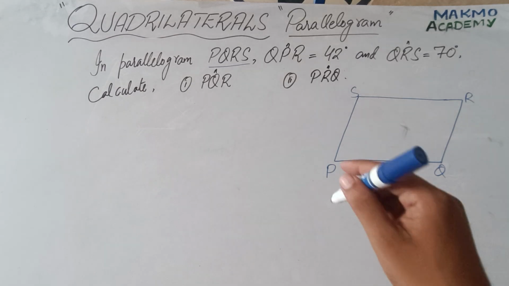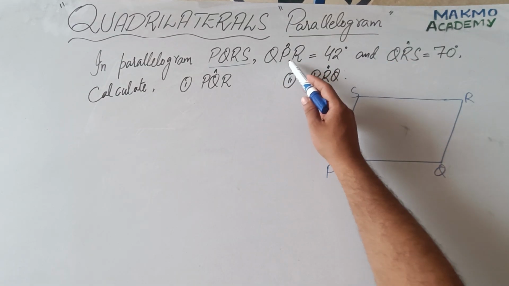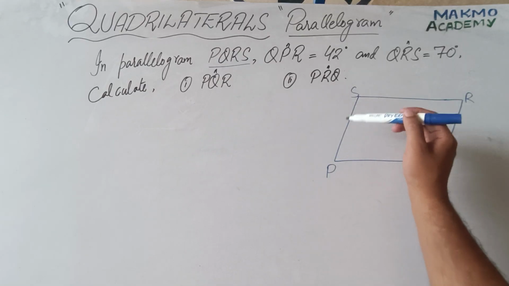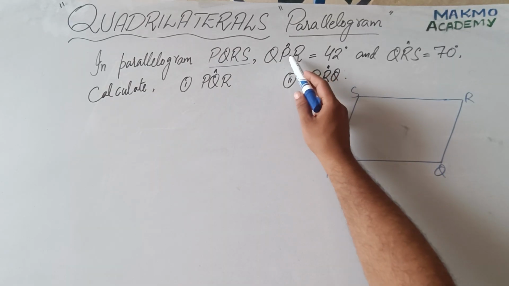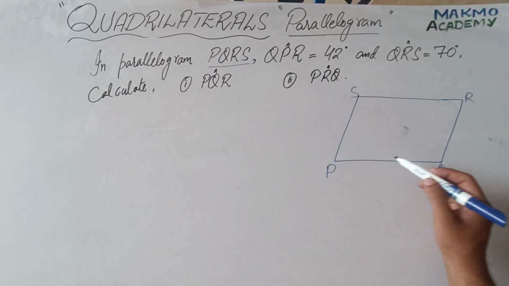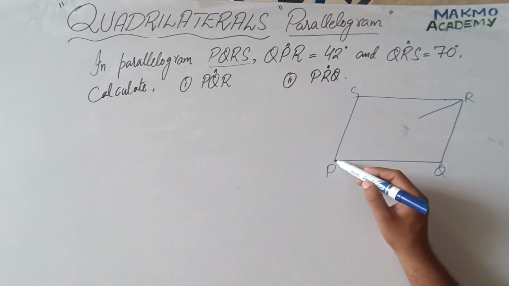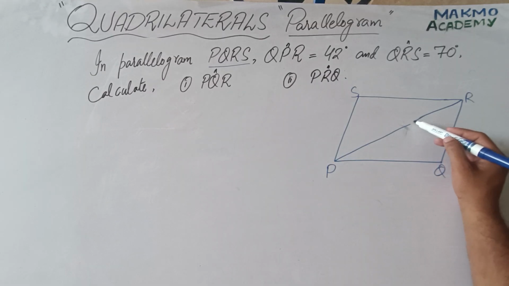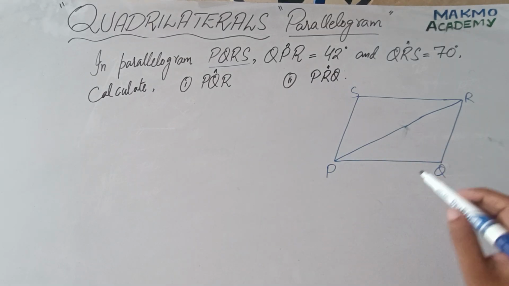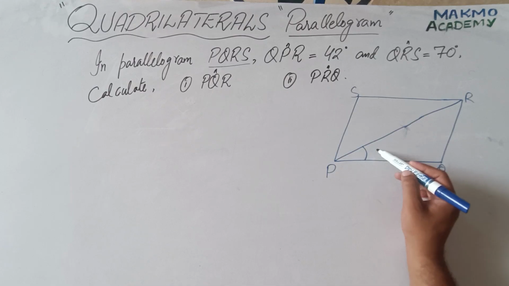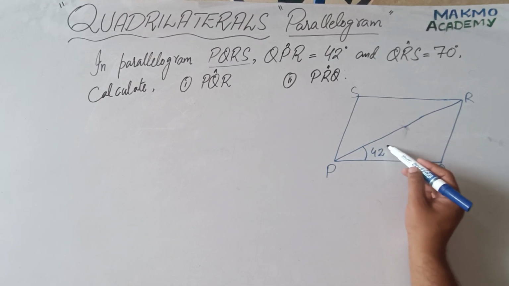Now let's make the angle QPR. It means that angle QPR is given as 42. It means that there is a diagonal which is not mentioned in the question. QPR is equal to 42, so we need to mark 42 over here.